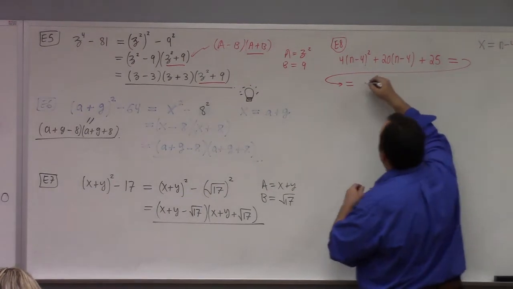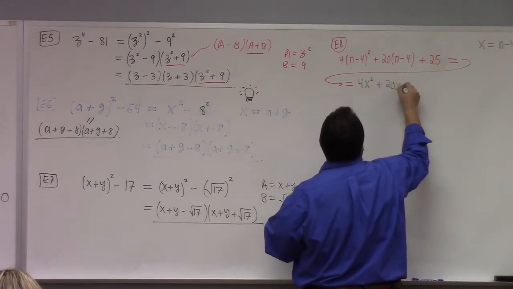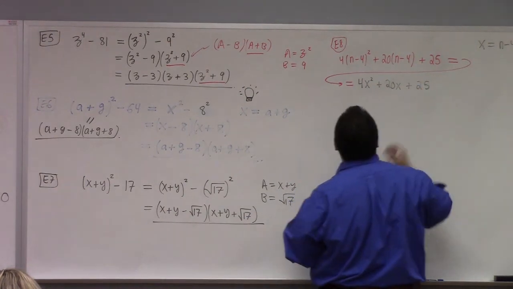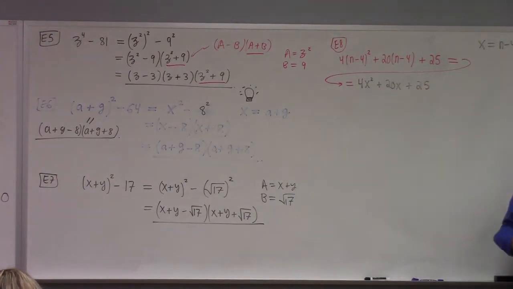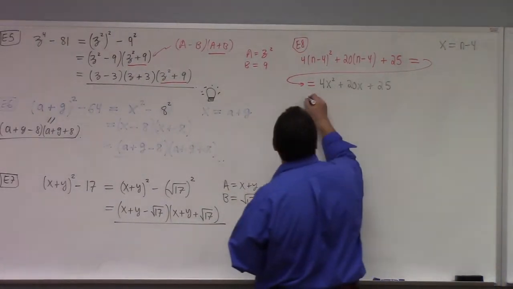Because then this becomes 4x squared plus 20x plus 25. And then the question is, can you factor that? Yeah, it's a quadratic.